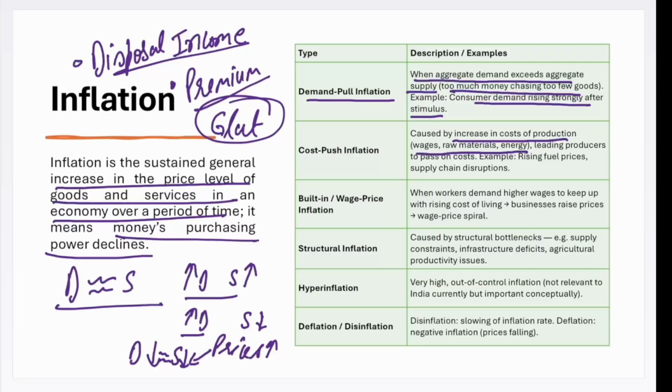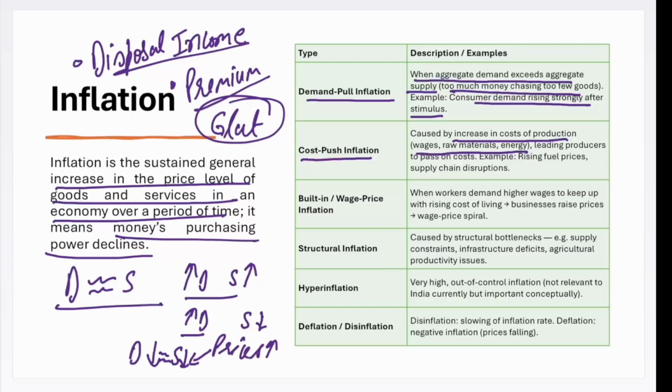Let's take an example of this. A very good example of cost push inflation is the rise in the prices of cars some time back. There were no discounts available. Why? Because there was an issue of importing the chips which were being used. Because there was a dearth of chips, there was less supply of the chips. So few cars were being made, and those cars were costing more, thus leading to higher prices.